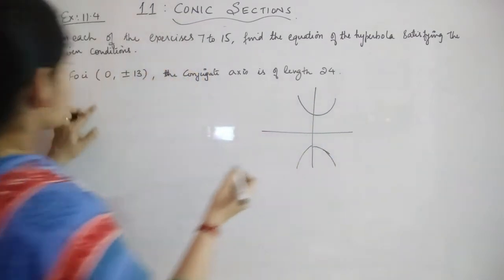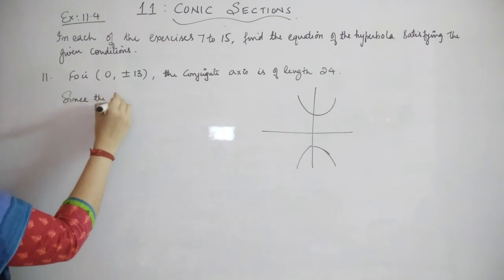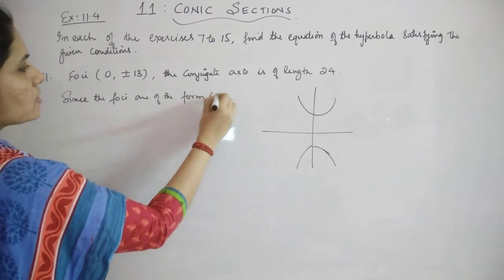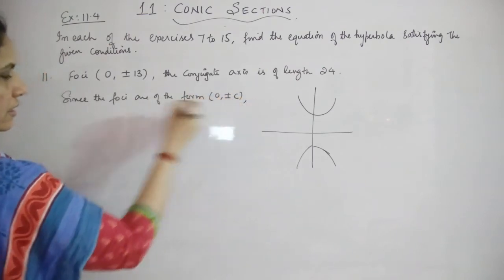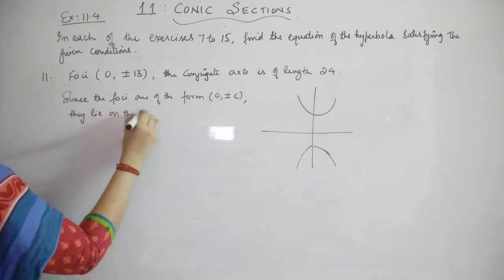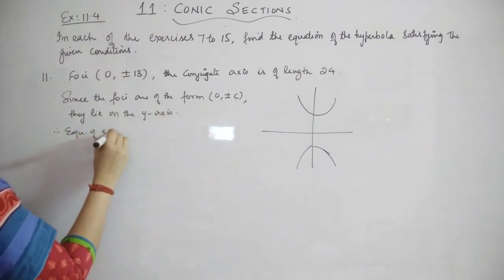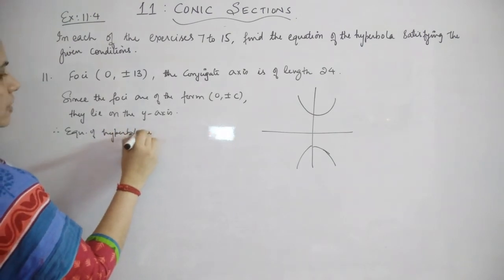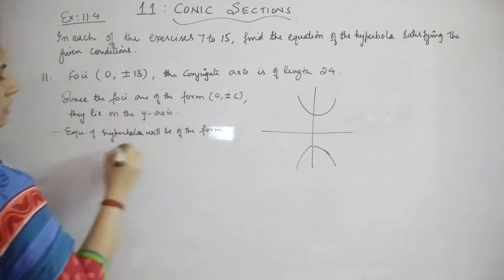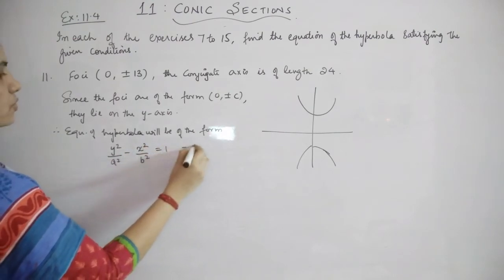So what you can say is, since the foci are of the form 0 comma plus or minus c, the transverse axis lies on the y-axis. Therefore, the equation of hyperbola will be of the form y square by a square minus x square by b square equal to 1.